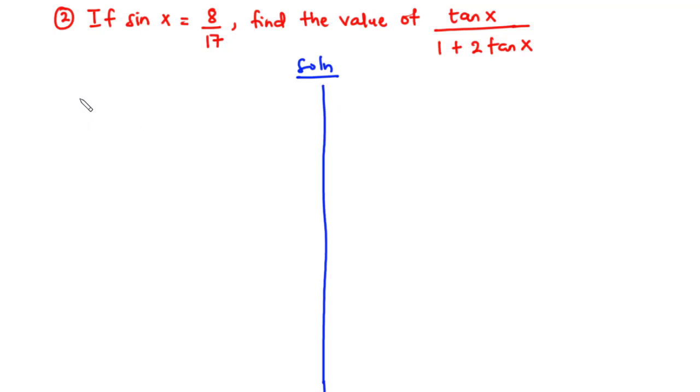So we are given sine x to be equal to 8 over 17. Now, like we did in the previous example, let's draw the right angle triangle.